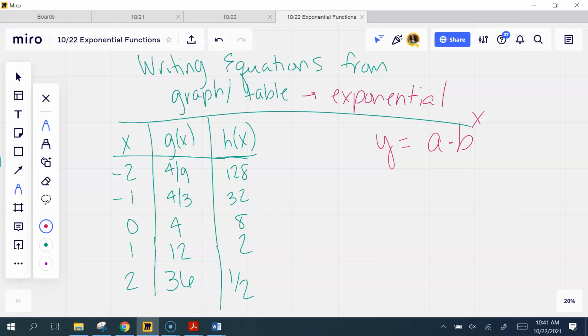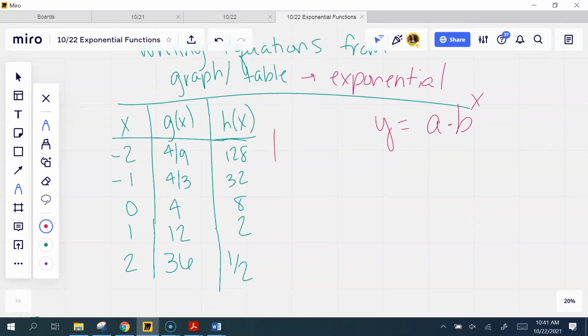You're thinking, so at -2, so let's think about what this looks like. At -2, I'm at 4/9. At -1, I'm at 4/3. At 0, I'm at 4. At 1, I'm at 12. At 2, I'm at 36.